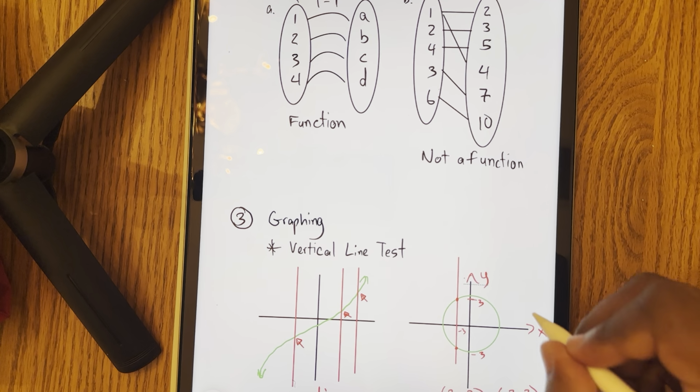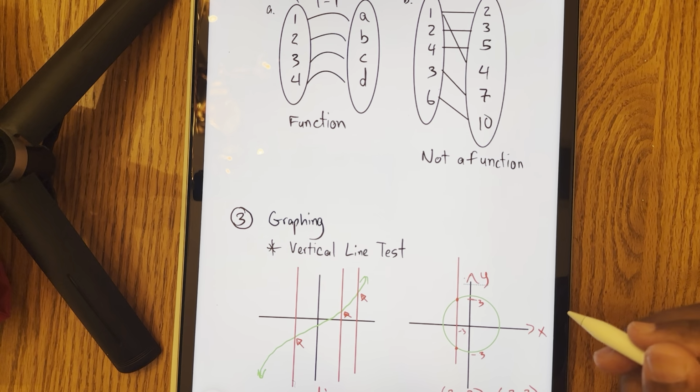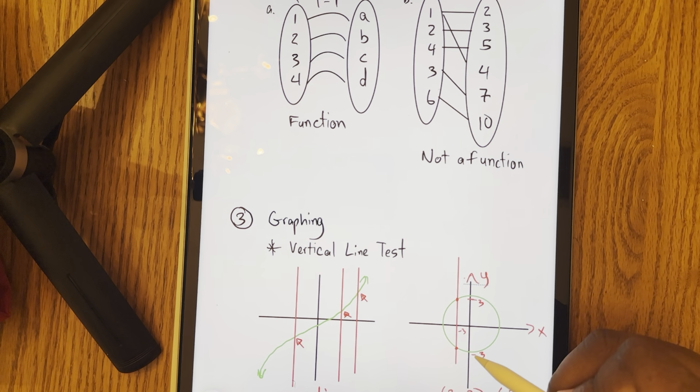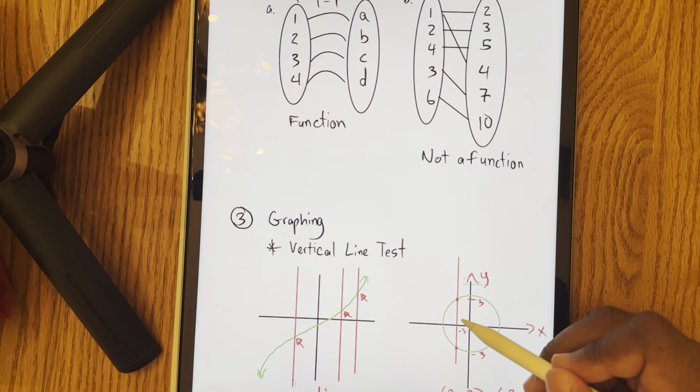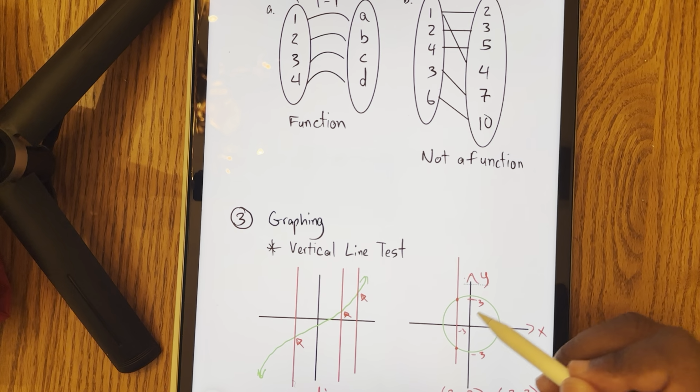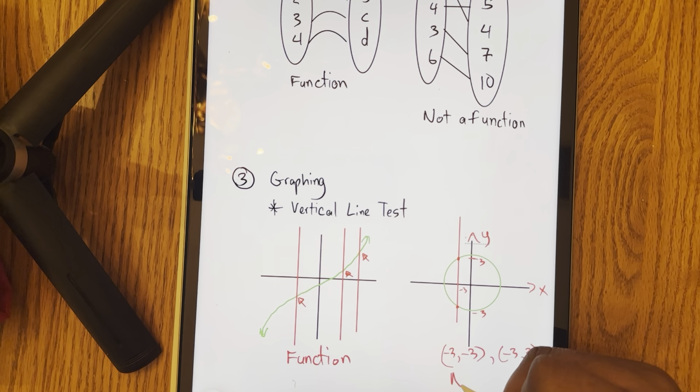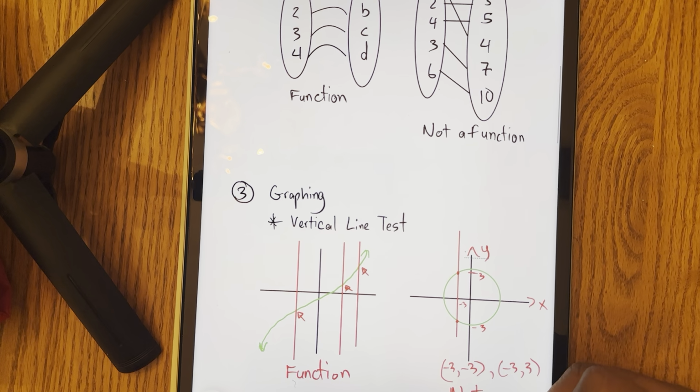So this graph of a circle fails the vertical line test, because when you draw a line on your Cartesian plane, it touches the graph in two spots along that same vertical line. So therefore we would say not a function.